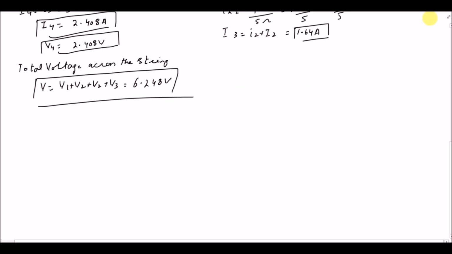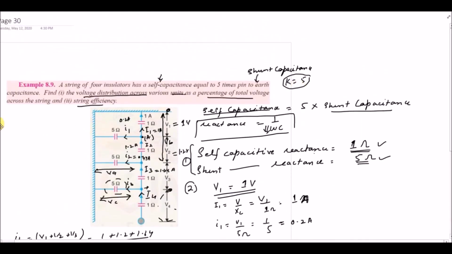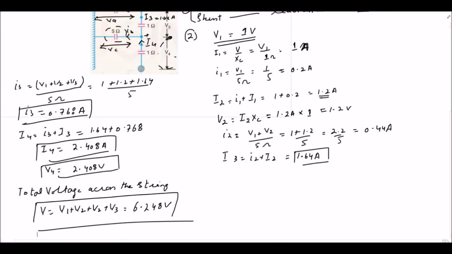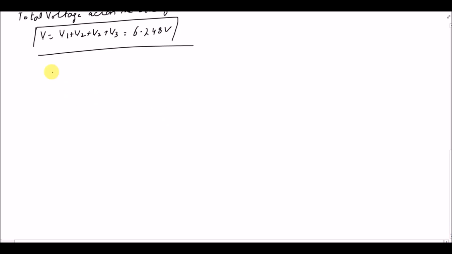The first part of the question was that we have to find the voltage distribution across the units as a percentage of total voltage, right? So I will start from the top, the first disc that is closest to the tower. It will be V1 over V into 100, 1 over 6.248 into 100, and it is 16% of the total string voltage.